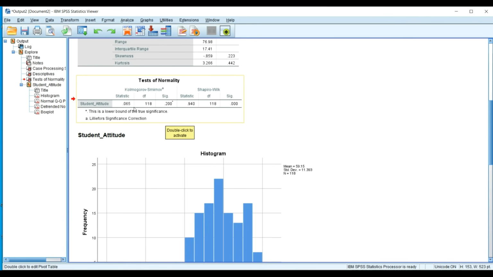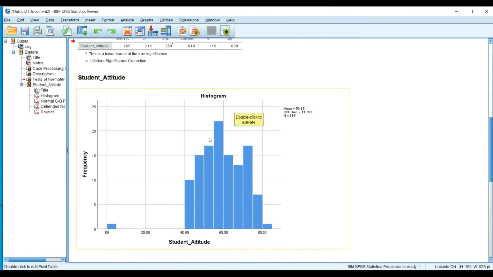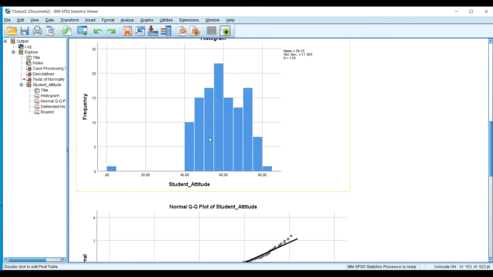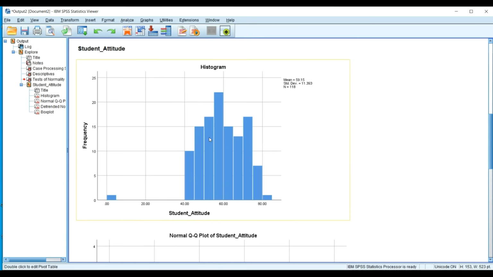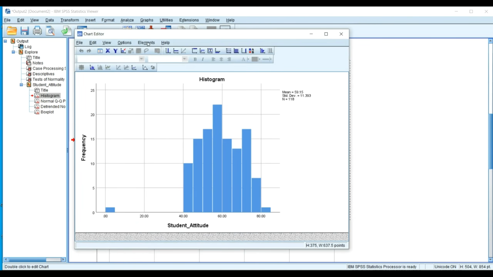Even though the Kolmogorov-Smirnov test is not statistically significant, the Shapiro-Wilk test is. And if we look at the histogram, this gives us an idea that there's a problem. The data is not considered to be normally distributed. And let's look at it this way.